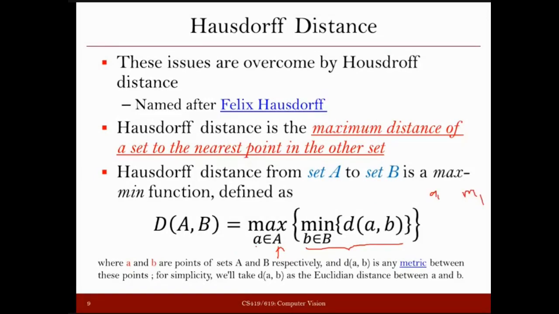Now we take another point from A, say A2, and compare the distance of this point to all the points in B, and let's say you find the distance M2. So in Hausdorff, you don't take the minimum of minimums, you take the maximum of all these minimums.